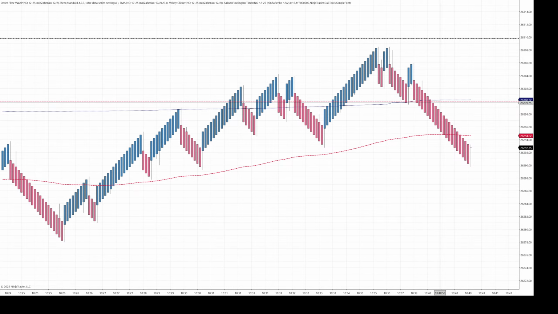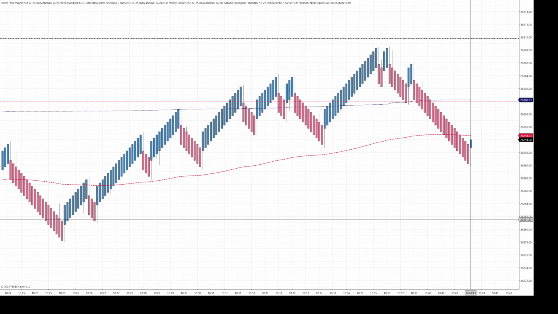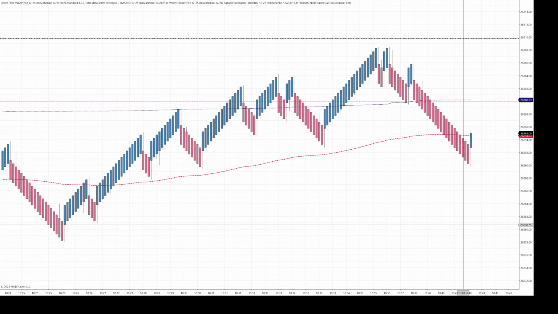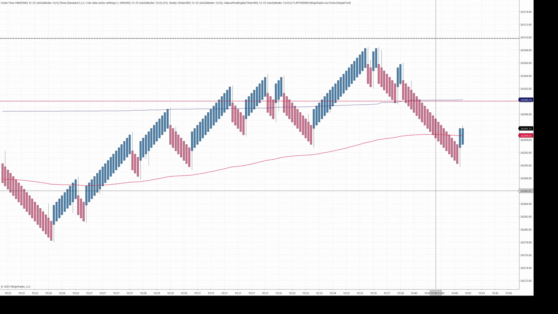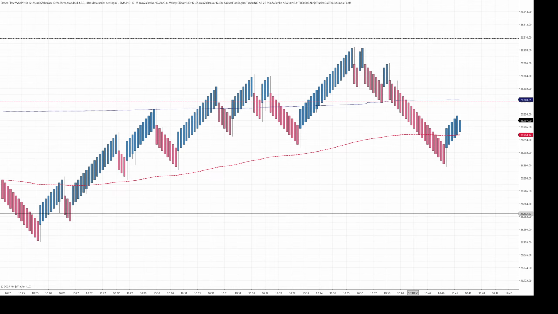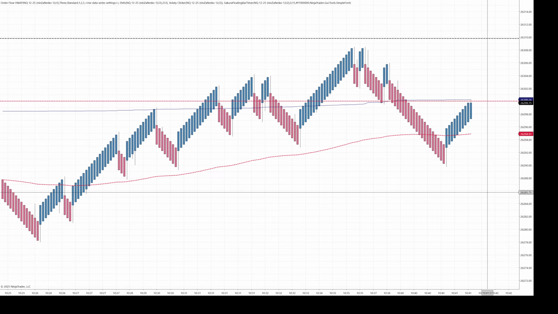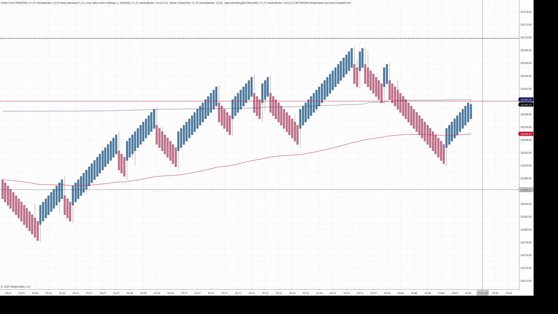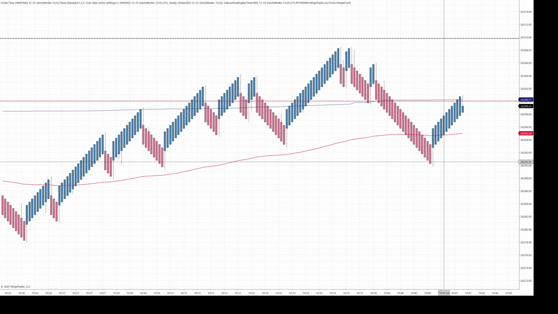Buyers were fighting this level here, and it did not work. Can't take any bearish setups here because of this T-line.